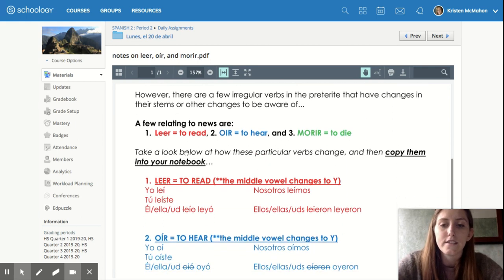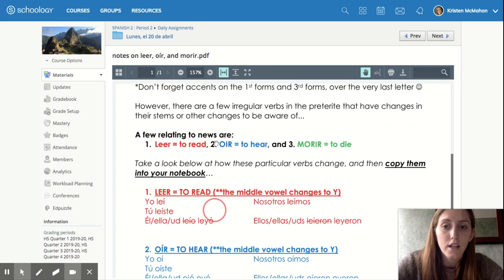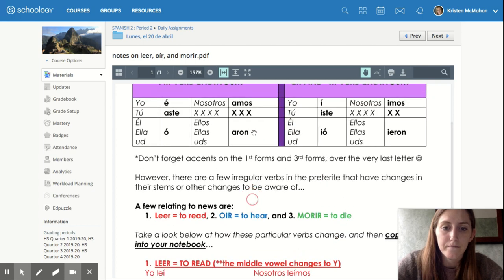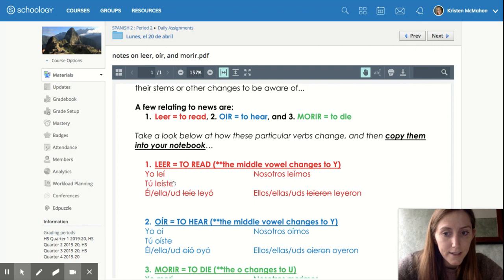Here it says, take a look below at how these particular verbs change and then copy them in your notebook. First, leer, to read. If we were to use the regular verb endings up here for the ER-IR verbs, it would be leí, leíste, leyó, leímos, and then leyeron.